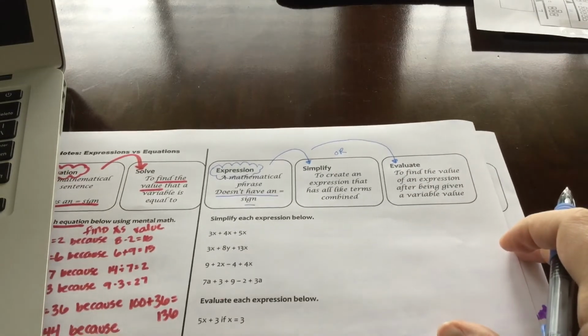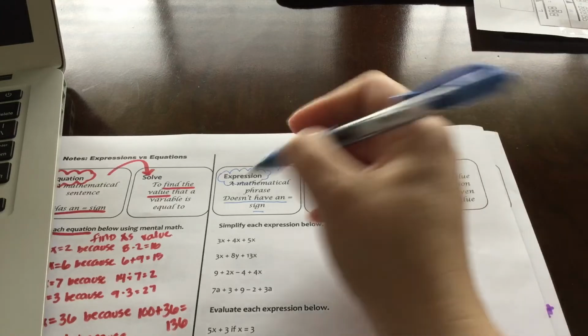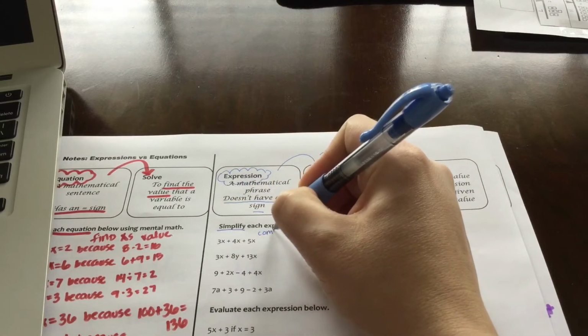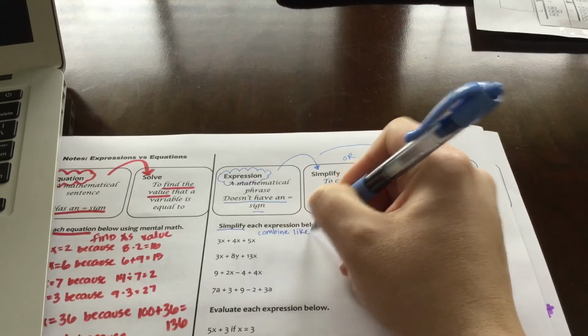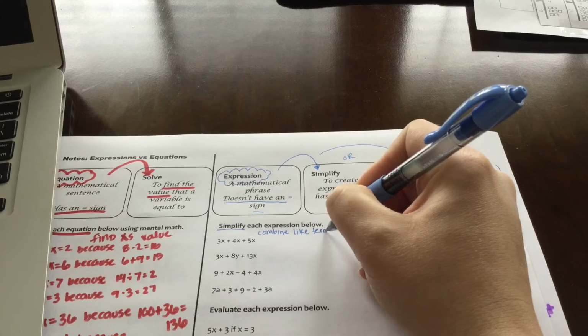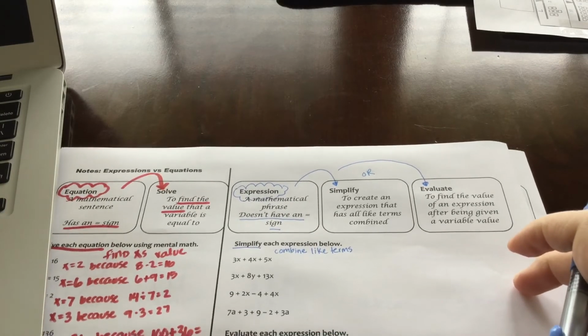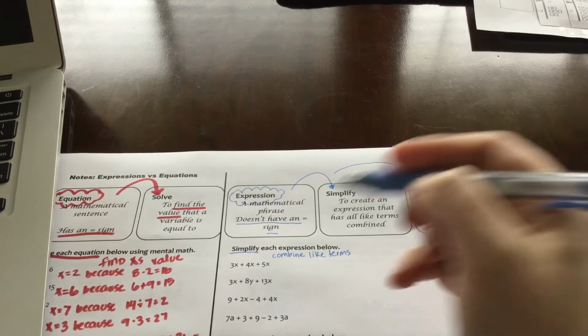First, we'll look at simplifying. When it says to simplify each expression below, simplifying means combine the like terms together, just like we did on the front. So in the first example, I see 3 different terms.